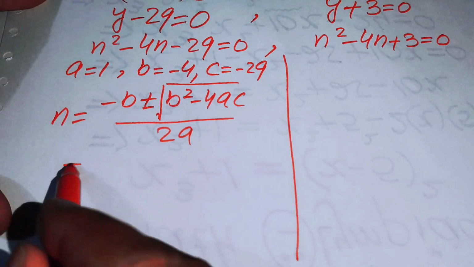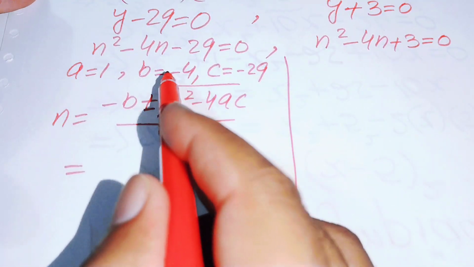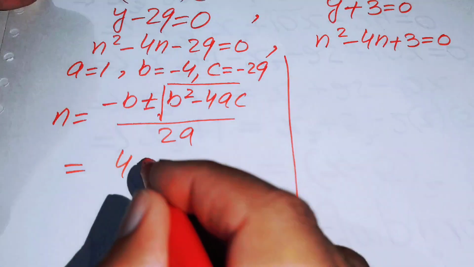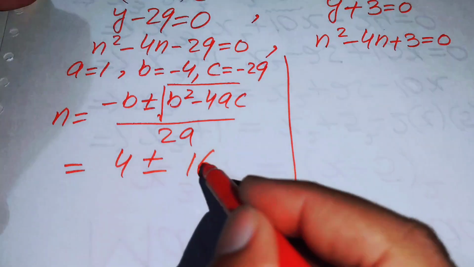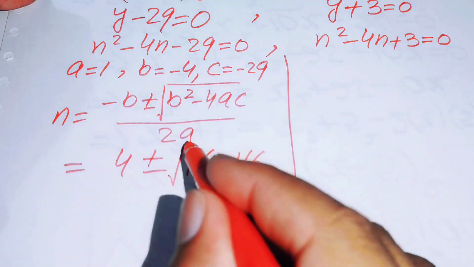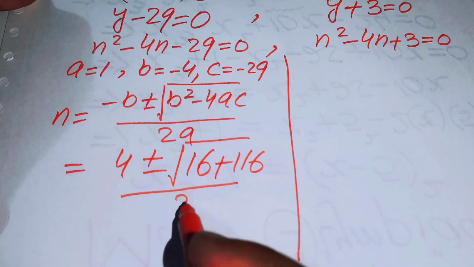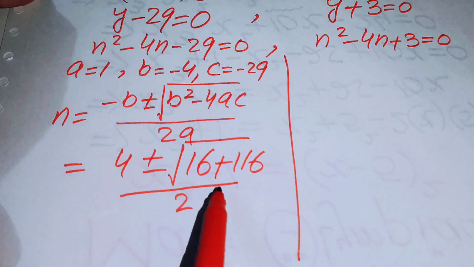And now we can put all the values of a, b and c here, so you get 4 plus minus square root of 16 plus 116, whole over 2.